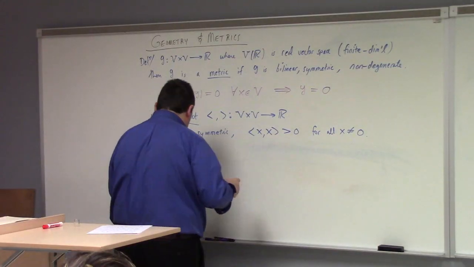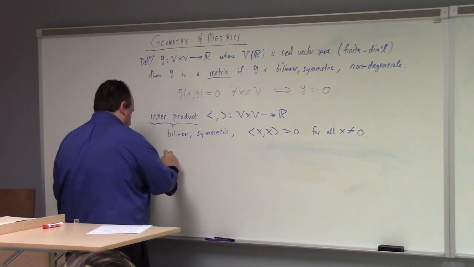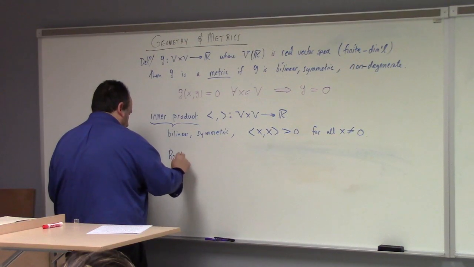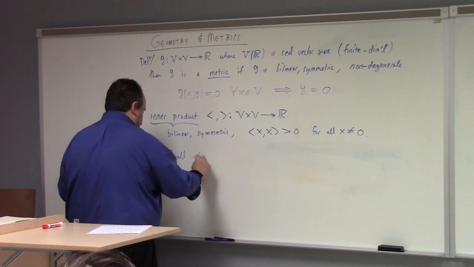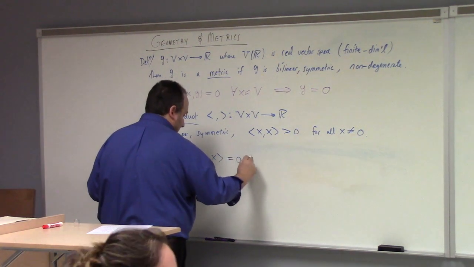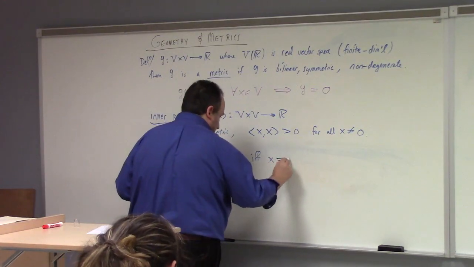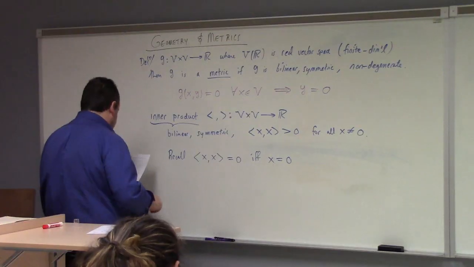All right, so recall, we proved for inner product space that the inner product of x and x is equal to 0 if and only if x equals 0. That was something we derived for inner products.